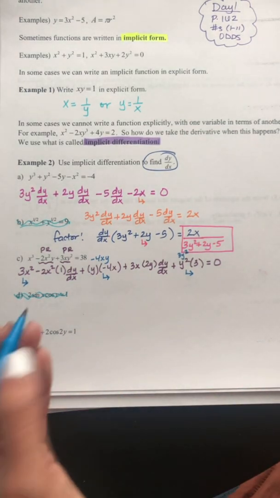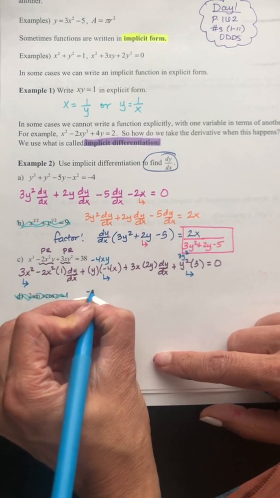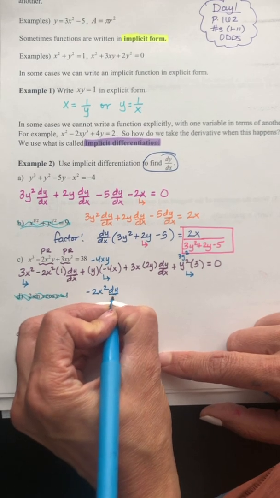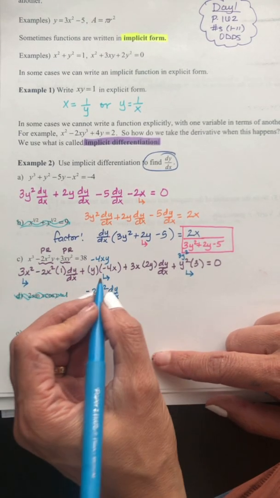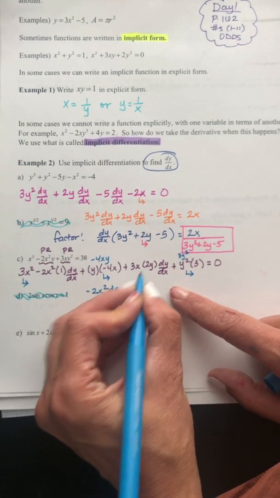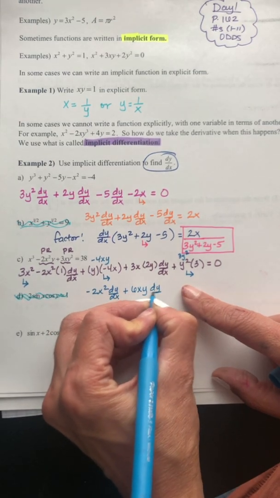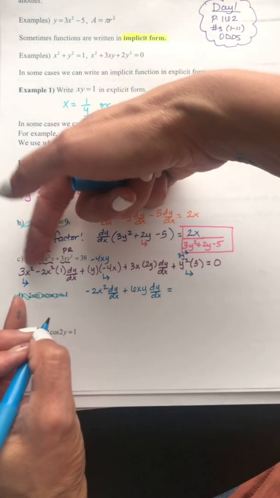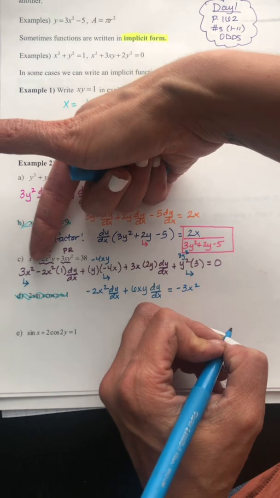All right, so let's rewrite this. We're going to have negative 2x squared dy dx. I'm just going to write all the dy dx terms because all the other ones are going to be moving. This one will be a positive 3x times 2y, which is 6xy dy dx, equals, well, the first term that moves over is the 3x squared, so it's negative 3x squared on the other side.